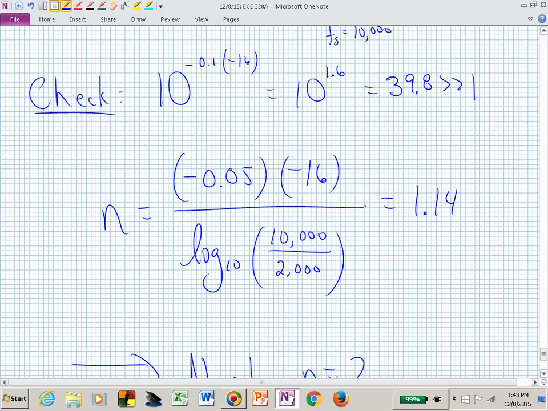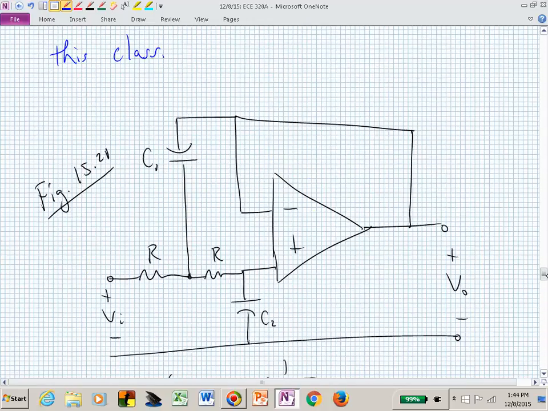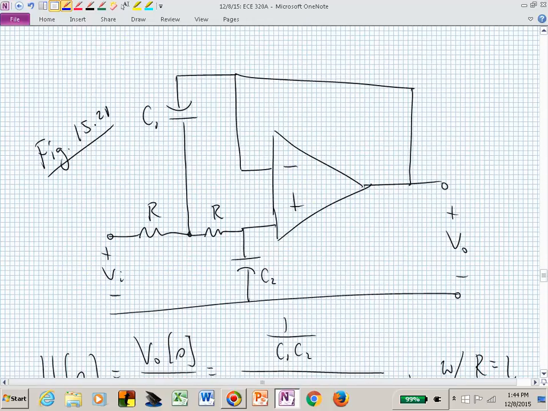You're obviously going to more than meet the spec if you go with a second order. You're not going to achieve the spec that you had with the first order. So your boss says, we have to meet the spec. You go, okay, then we need 2 capacitors. Okay, so now you would need to implement this circuit instead of a first order circuit.